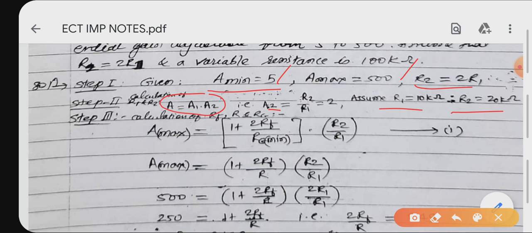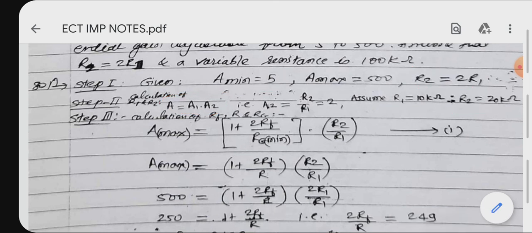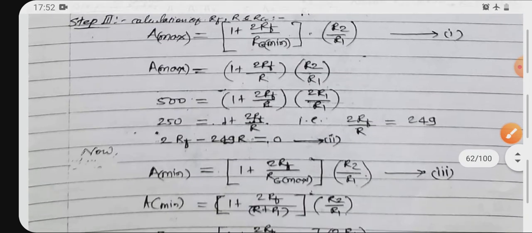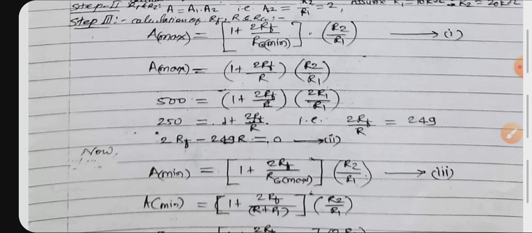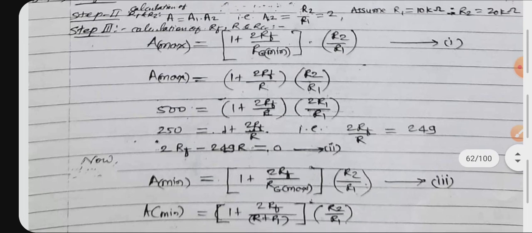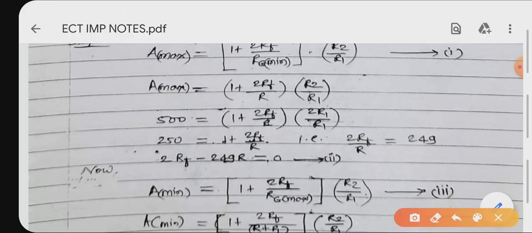Third step, calculating the value of RF, R and RG. Okay, so again write down the standard formula for A max is equal to 1 plus 2 RF by RG min into R2 by R1. Here maximum value of gain is considered, so minimum value of resistance.